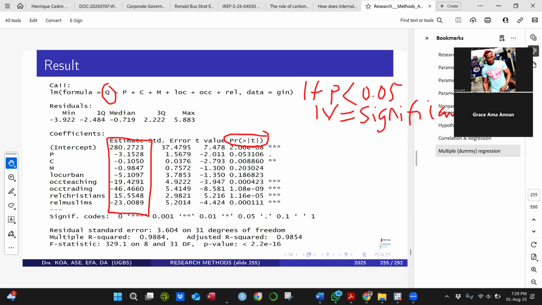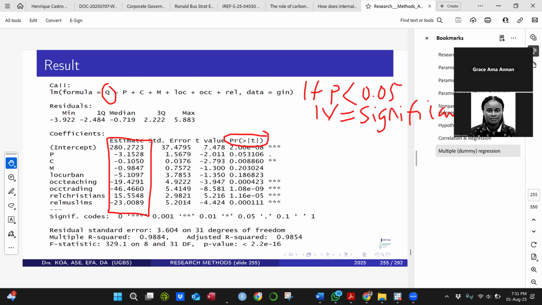Sorry, M. Okay, so when it comes to M, the p-value is 0.203, it is greater. If it's less than 0.05, that is when the independent variable is significant, but 0.2030 is greater than 0.05. Therefore, M, the estimate, is insignificant.